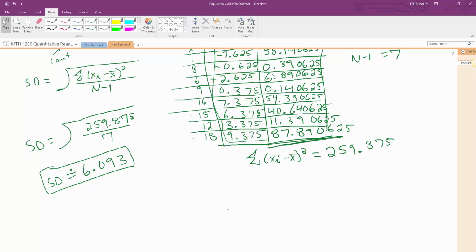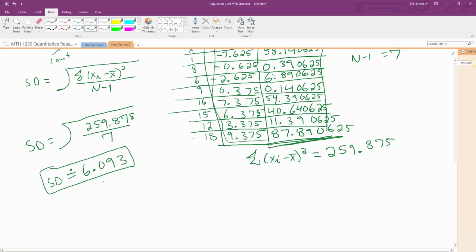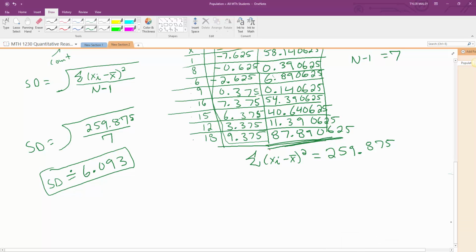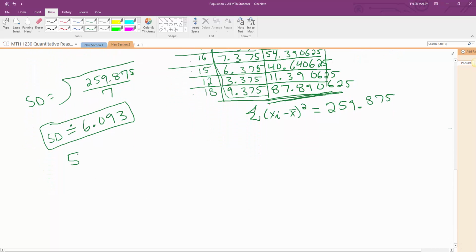The 5 number summary, as talked about in the text, talks about the following values.